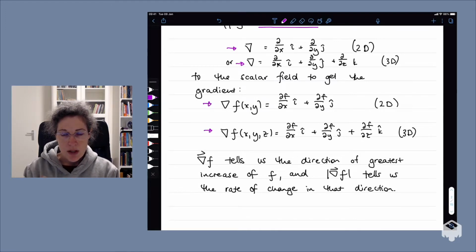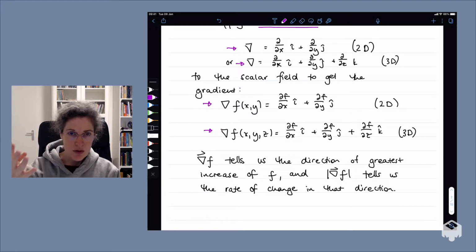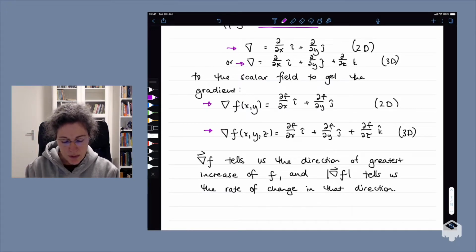And we interpret our gradient as saying, if you go in the direction that our gradient tells us, then you are going to increase your function overall as fast as you can. So that gives us a way of incorporating all the information from these partial derivatives into something useful.